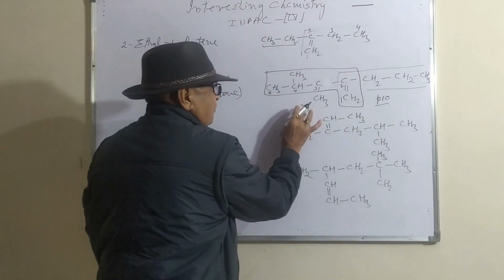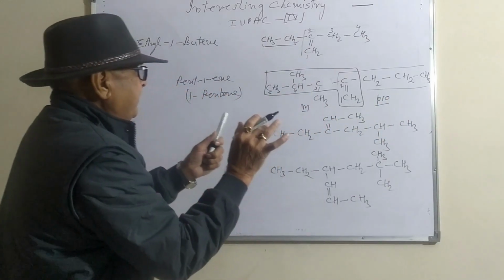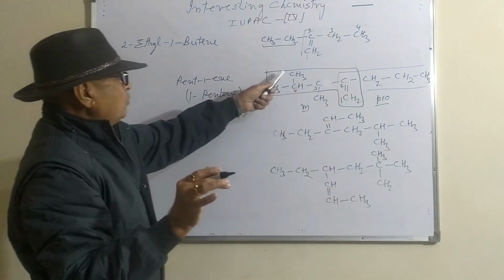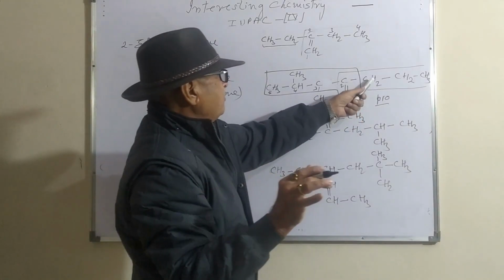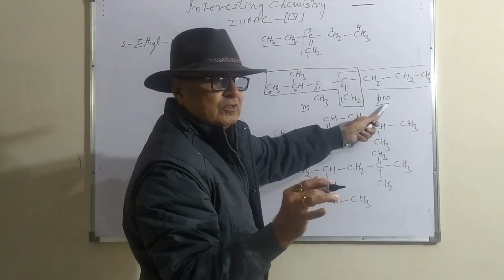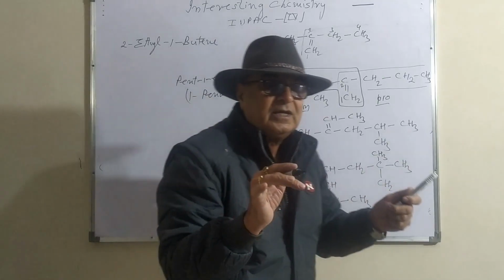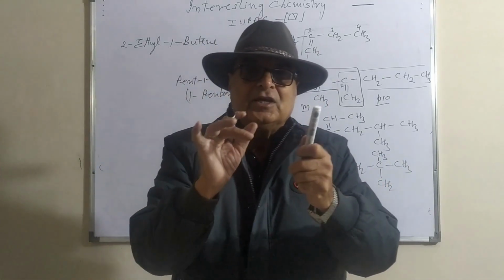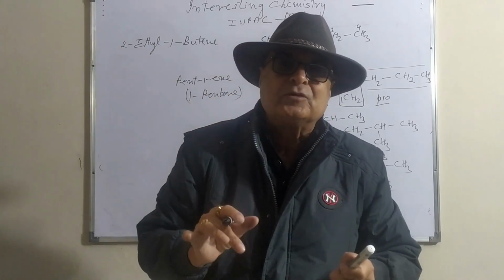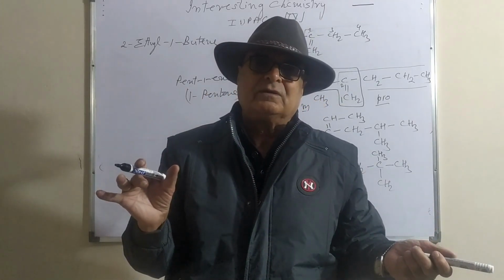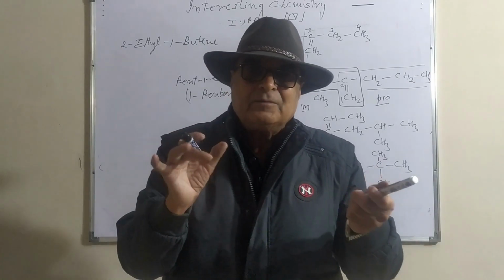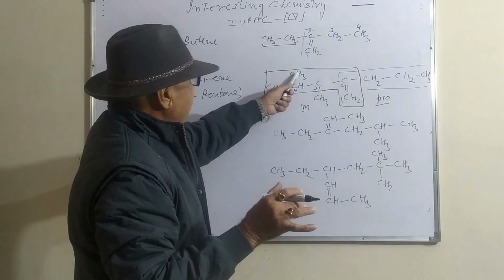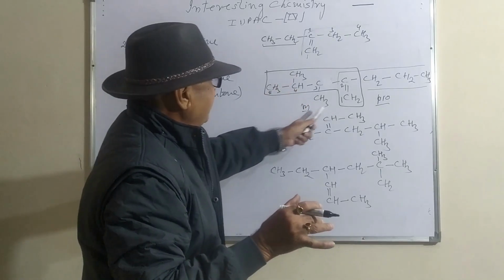There are 2 substituent groups: one is 2,2-methyl and one is propyl, which starts with P. So here you have to be careful to write the names of the substituent groups in alphabetical order. Which comes first in alphabetical order? Methyl. This is methyl, M, and P.